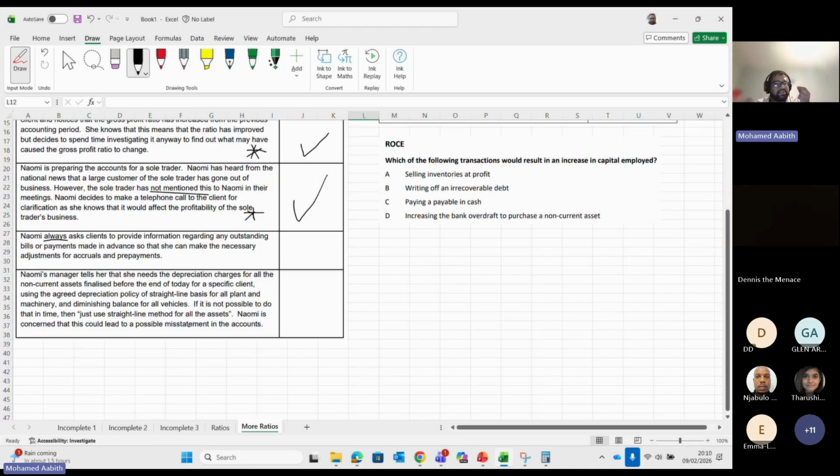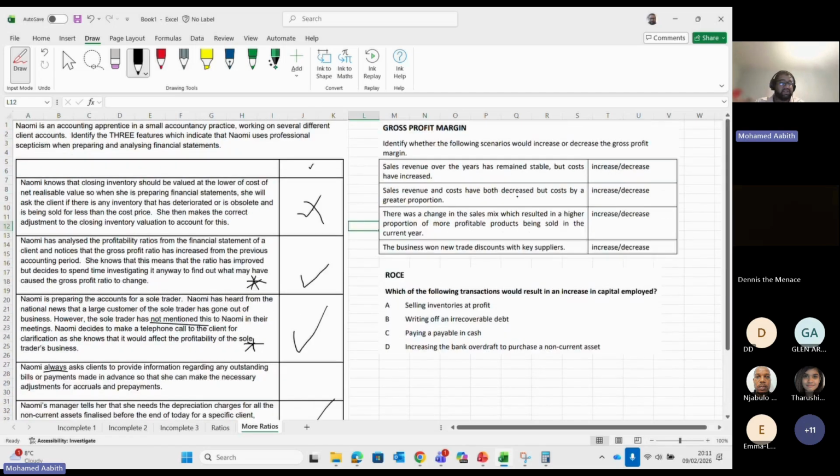So Naomi is skeptical because she is considering this option might not work out, because a possible misstatement could be shown in the accounts. So skepticism is being exercised in this particular scenario as well. So these two are not, and the other three are.